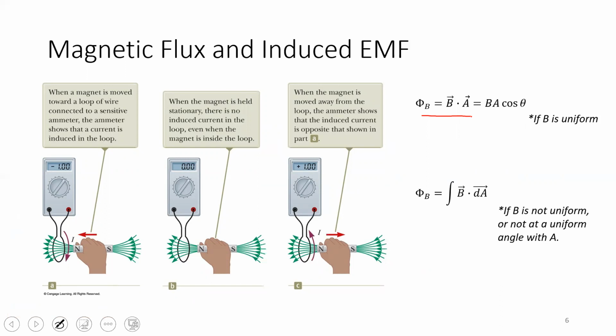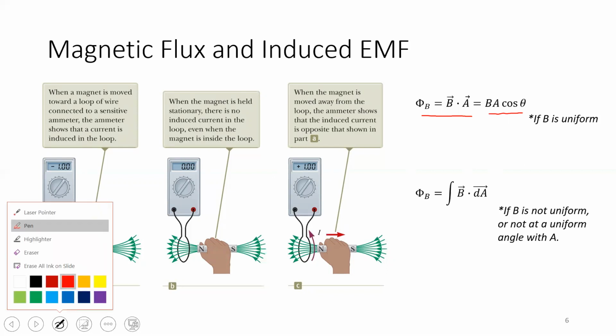We're going to describe an area with this current loop. If we're going to do a dot product, we're actually going to do B times A, those magnitudes, times the cosine of theta, and this is if B is uniform. The cosine of theta is just the angle that our magnetic field makes with the normal of the current loop. The normal direction is going to be perpendicular to the plane described by that current loop.